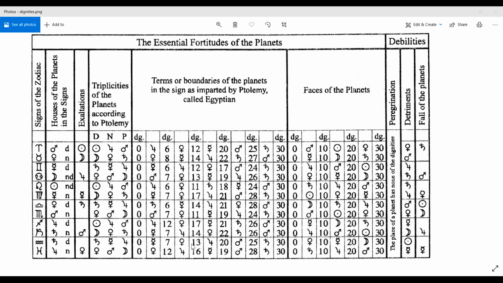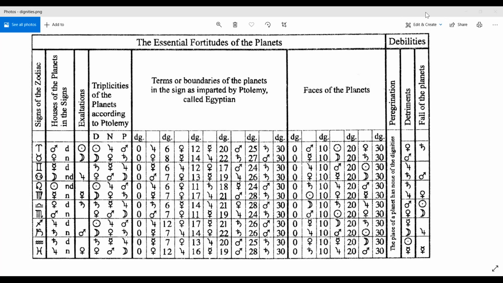She's at 14 degrees. Venus owns between the 7th and the 13th degree, so I've just missed her. She's at 14 degrees. Jupiter is the term ruler. And then I'm in the second decan, so Jupiter would get the 2 points. I'm in the second decan, Mercury gets the 1 point.